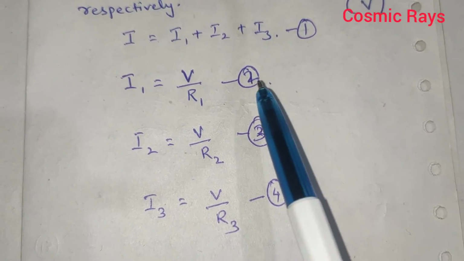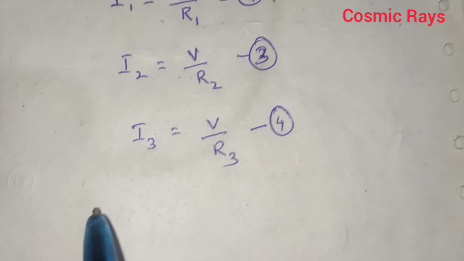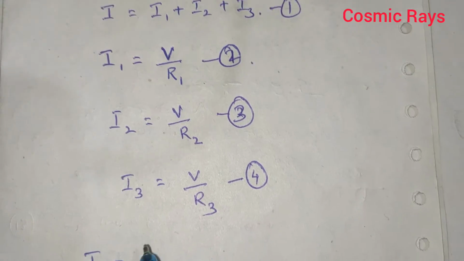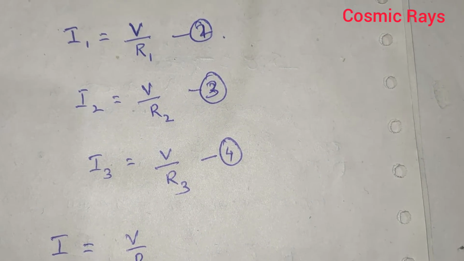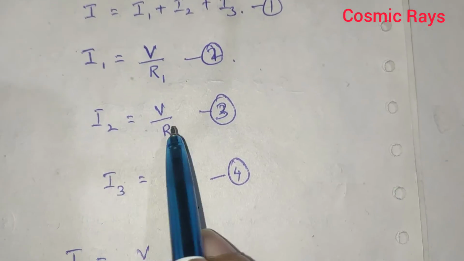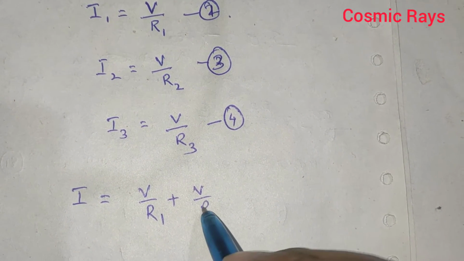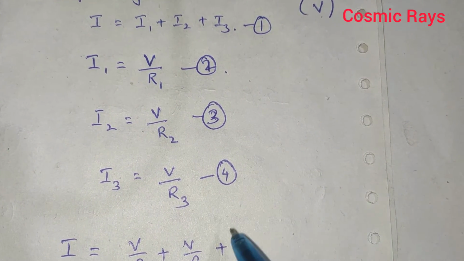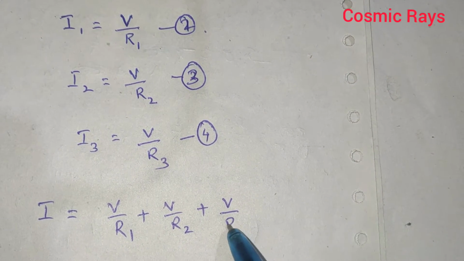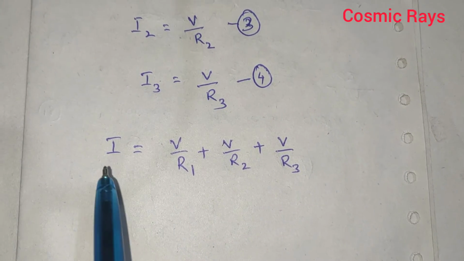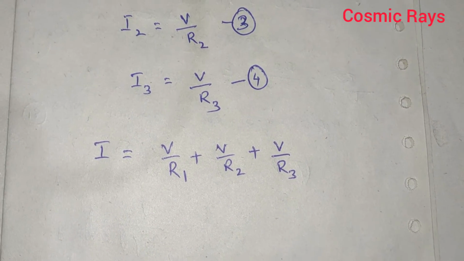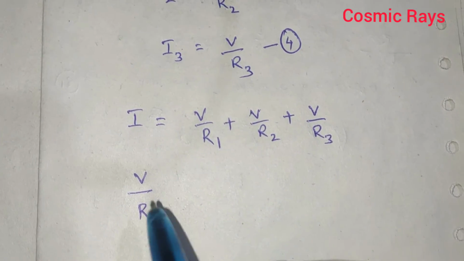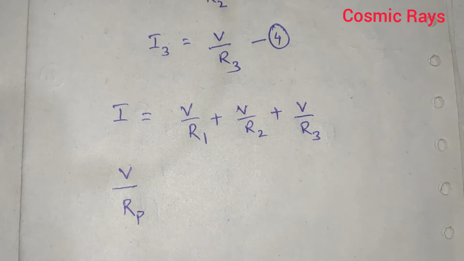Now putting the value of 2, 3 and 4 in equation 1, we will have I is equal to, the value of I1 is V by R1 plus the value of I2 is V by R2 plus the value of I3 is V by R3, and the overall value of current is equal to V by the overall R, that is the resistance in parallel.